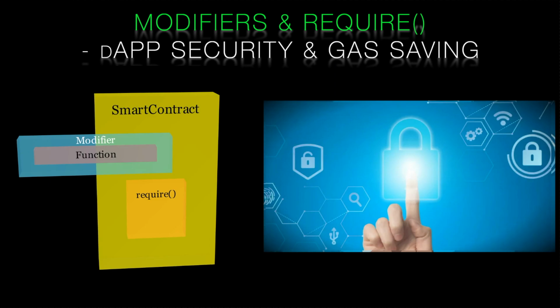There have been several unfortunate examples where less than robust code has been deployed, and this has led to funds being stolen. Use of modifiers and require is the first line of defense against malicious use and bad actors.